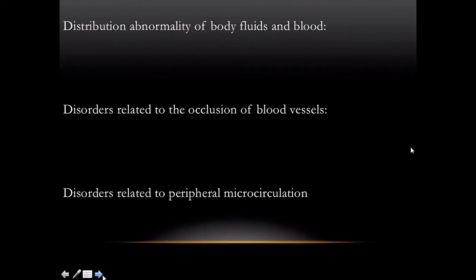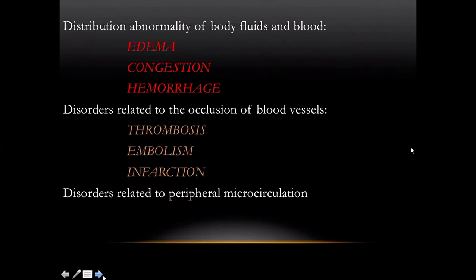So actually, I divided it into 3. Number 1 is the distribution abnormality of body fluids and blood. So this includes edema, congestion, and hemorrhage. While disorders related to the occlusion of blood vessels are thrombosis, embolism, and infarction.